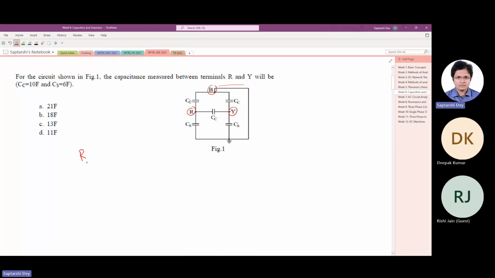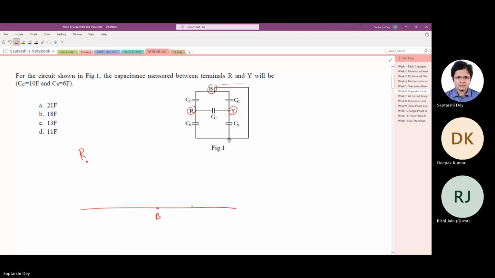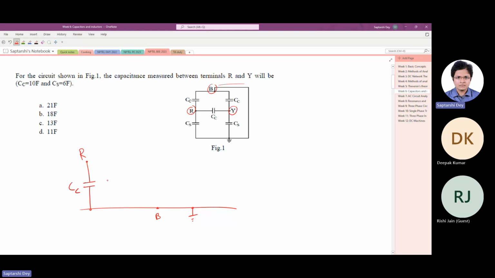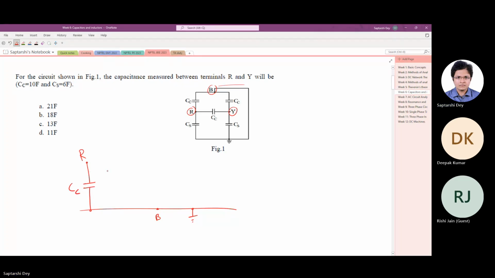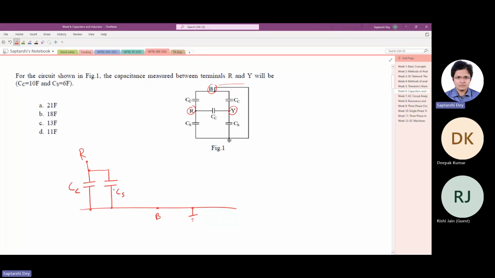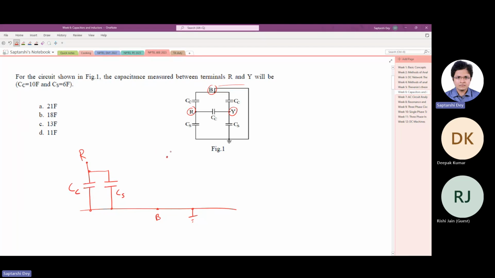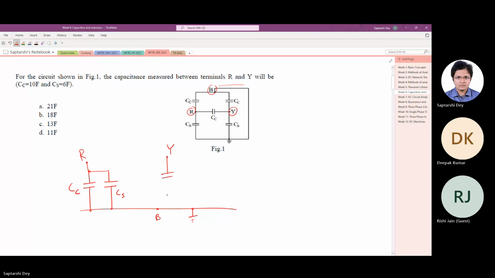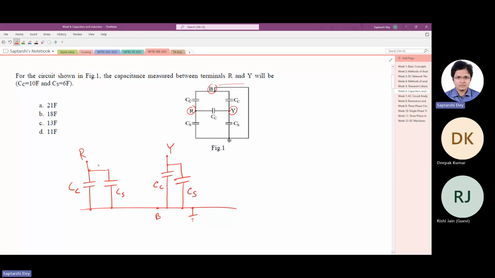So if I draw R here, and say this is B, which is grounded, then we can see that the capacitor Cc is connected to B, and also the capacitor Cs is connected to B, and there is another capacitor Cc that goes to Y. Now if you look at the other point Y, we have another capacitor Cc going to B from Y, and another capacitor Cs goes here, and there is a capacitance between R and Y, which is Cc again.